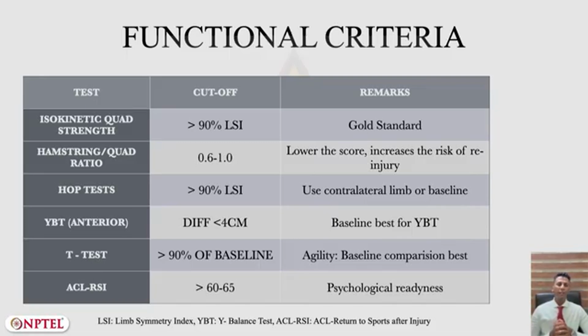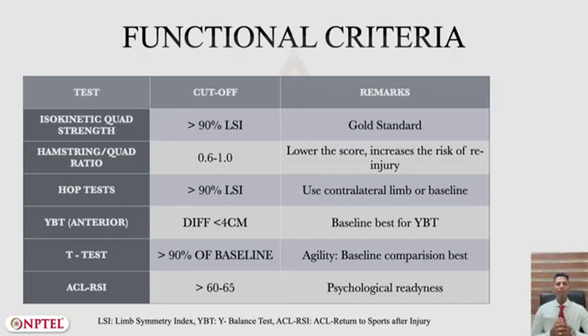For the Y-balance test, an anterior difference greater than 4 cm between sides correlates with higher injury risk. T-test agility should reach 90% of baseline, or the athlete should be able to complete the T-test protocol within 11 seconds.